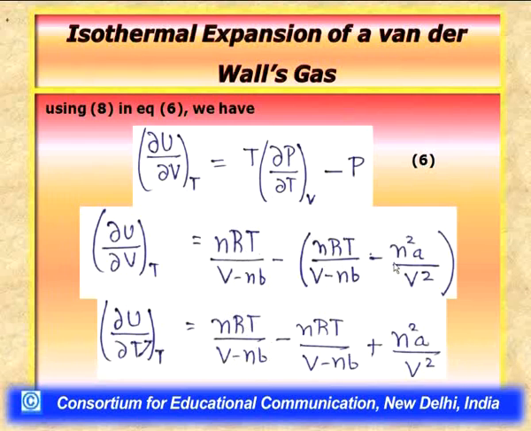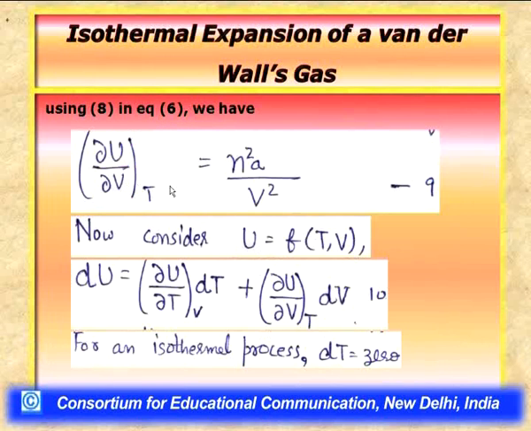Now, we can open up the terms in the bracket and write minus nRT by V minus nb here. So, minus minus gets multiplied and becomes plus n square a by V square. Now, it is easily seen that nRT by V minus nb minus nRT by V minus nb, these two terms cancel. So, what we get is delta U by delta V at constant T equal to n square a by V square, that is given by equation number 9.